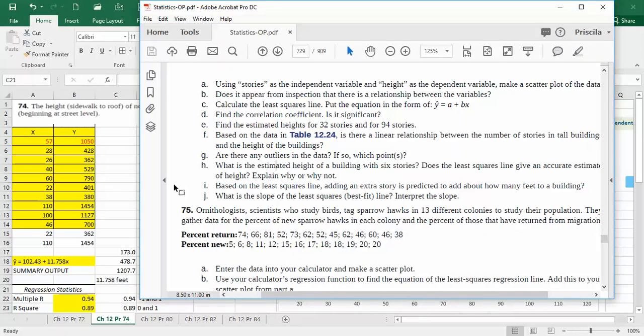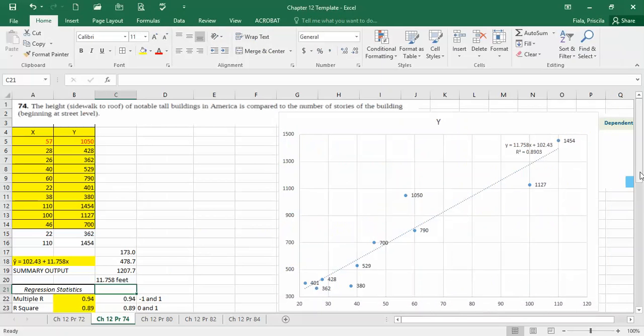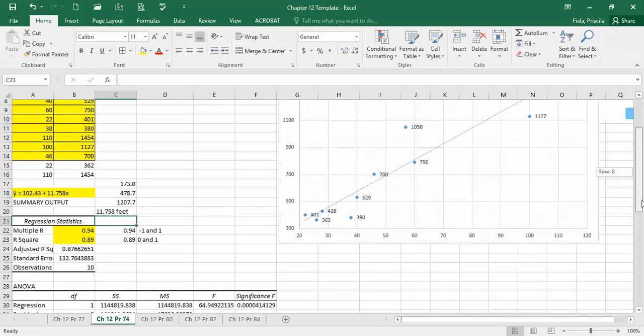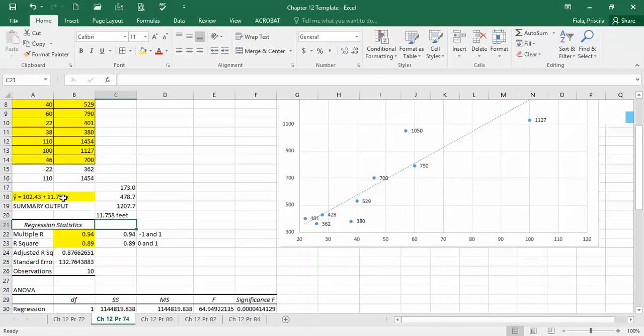The best fit. Interpret this slope. So the slope, right here, we know is also 11.7585. So as the number of stories increases by one, the height of the building will also increase by 11.758 feet. That's what this means, which you just pretty much answered on the previous one.